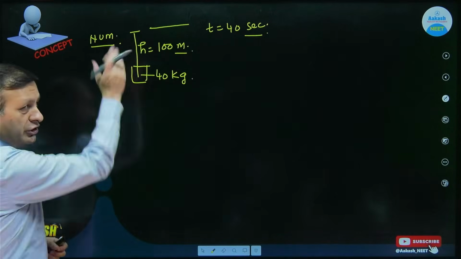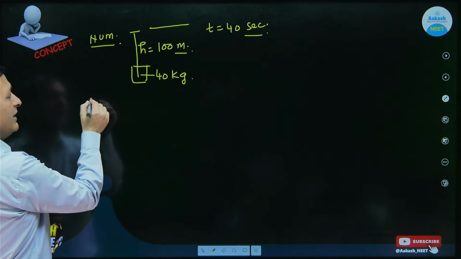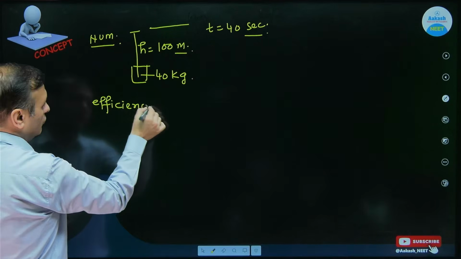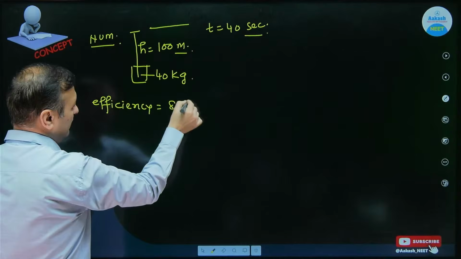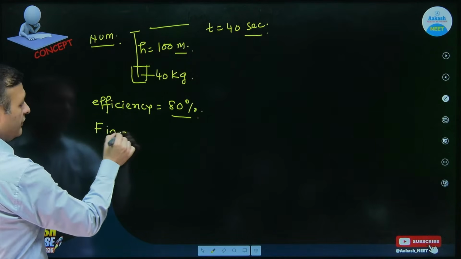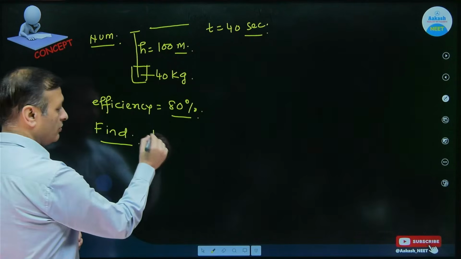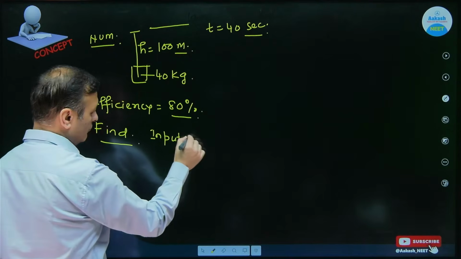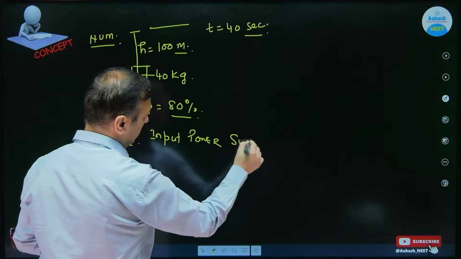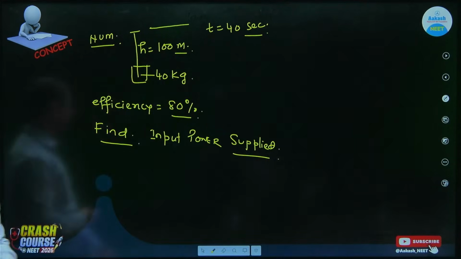And the machine with which you are taking this body up has an efficiency of just 80%. So you are lifting it with the help of an external machine. Then find the input power supplied to the machine to do this work.